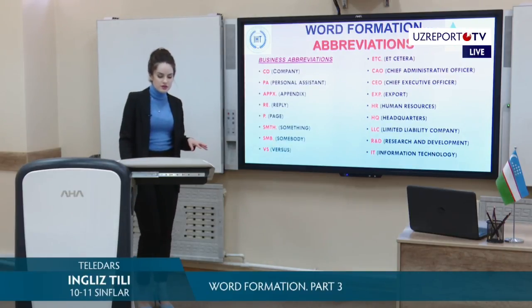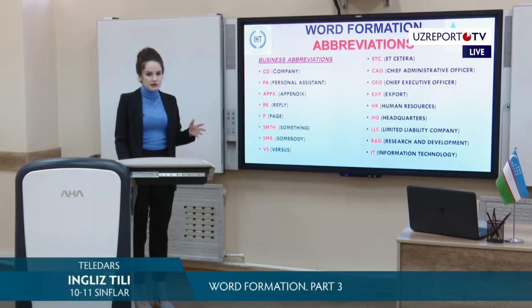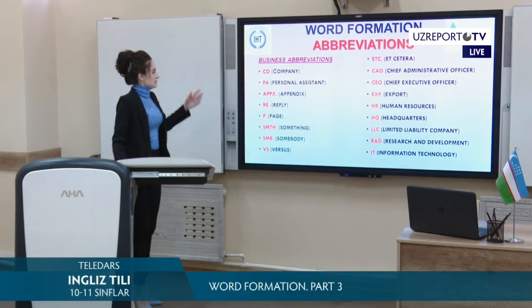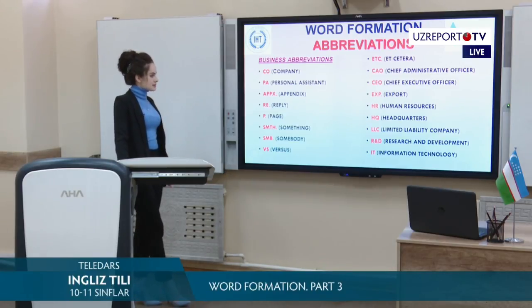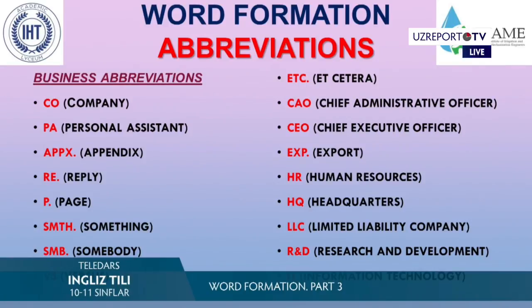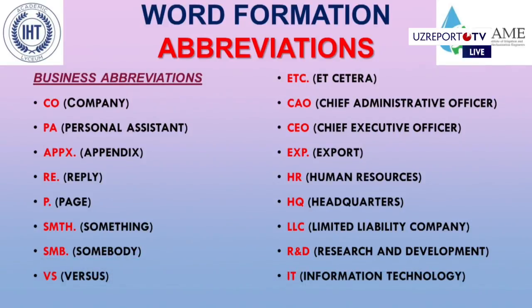Other business abbreviations you should pronounce in their alphabetical order. So, as a company, personal assistant, appendix, it means an addition to some document maybe. So, reply, page, something, somebody. Some students even don't know about something, somebody. Please remember, it's possible to reduce such words to such abbreviations.